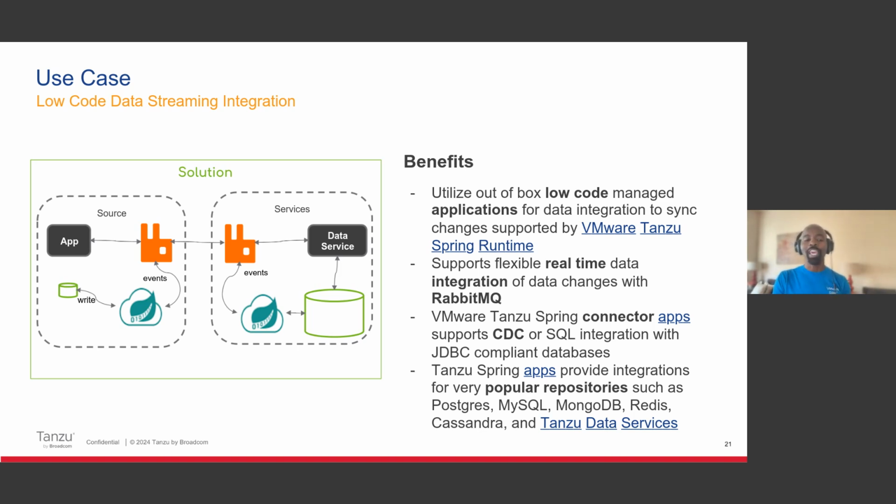Namely, one of my favorite products is called Spring Cloud Data Flow, where you get a visualization of the data flows and you can create new data flows by dragging and dropping components where at the end of the day, it's just either a Java Spring application or any language that can run inside of a container.